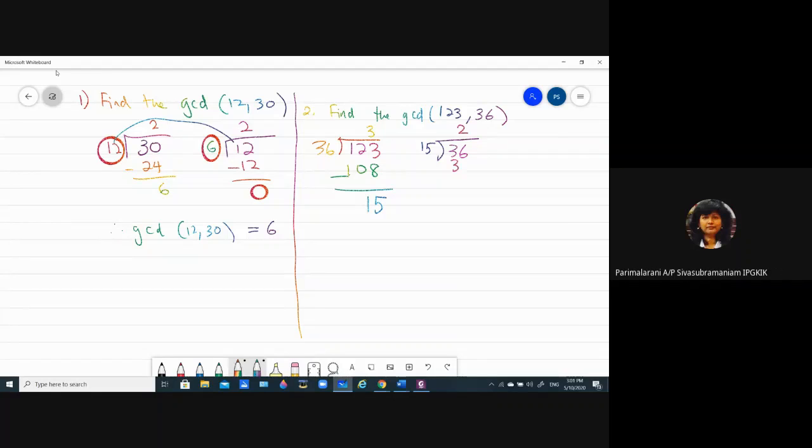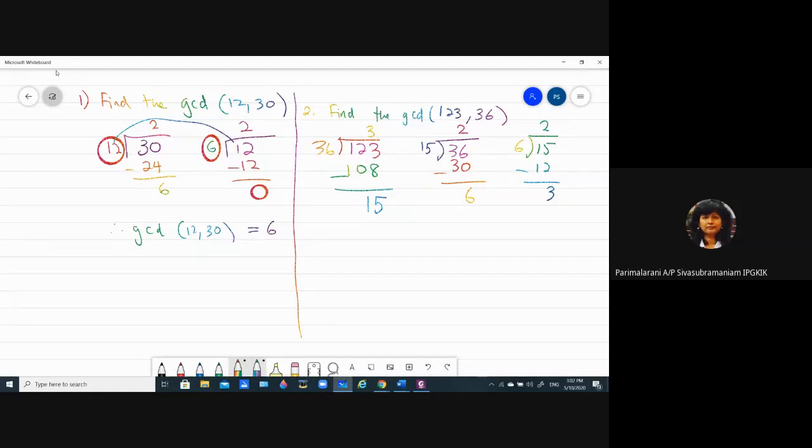So this is 30. Remainder, 36 minus 30 is 6. We still have a remainder, so we continue the division. So now 6 goes outside, 15 goes inside. 6 times 2 is 12. So 15 minus 12 is 3, correct?